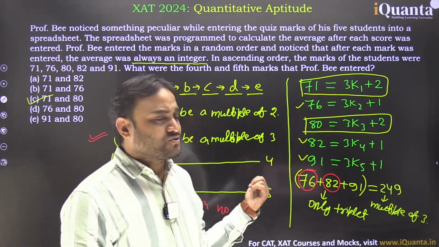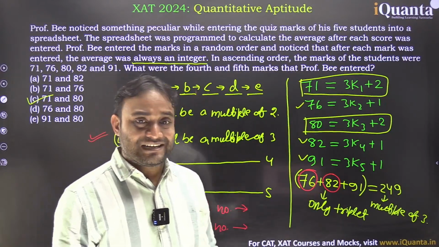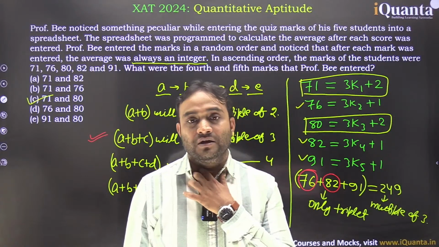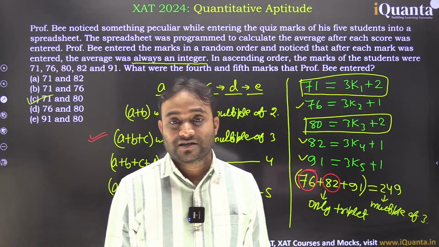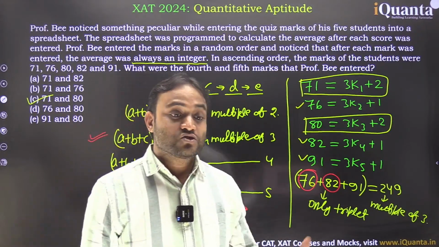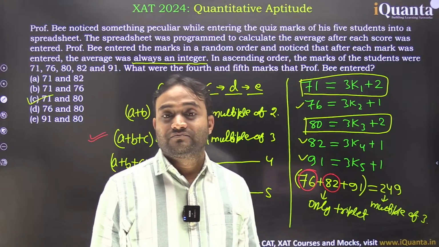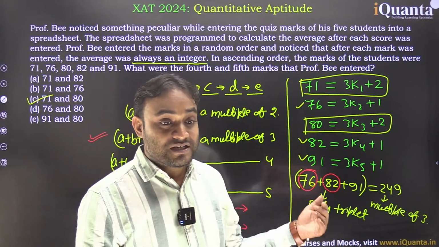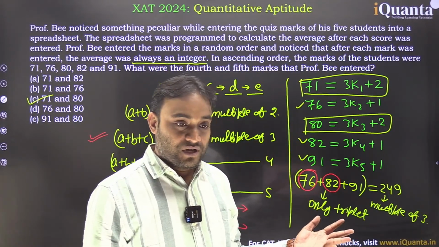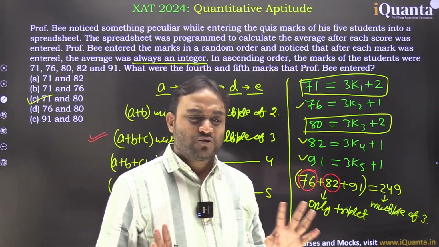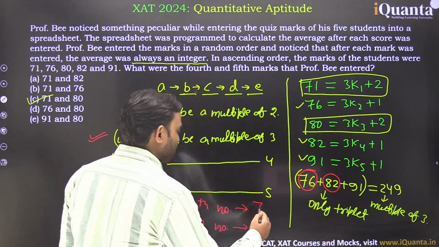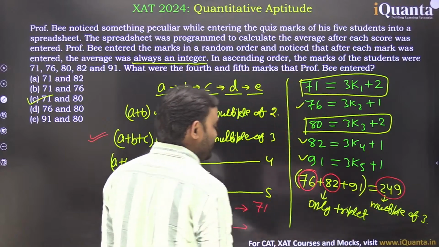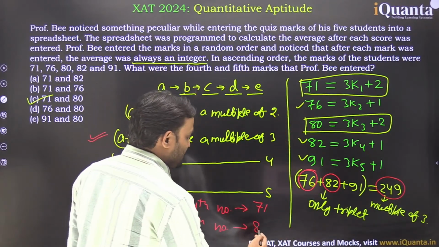Even when I was writing XAT, I wrote XAT only once, in 2014, I had just started teaching then. I saw this question in my exam also, and the question is from before that too, but the form was almost the same. Yes, the fourth number will be 71 because the sum must be even and a multiple of 4. So only 71 can be taken and the last number will be 80.